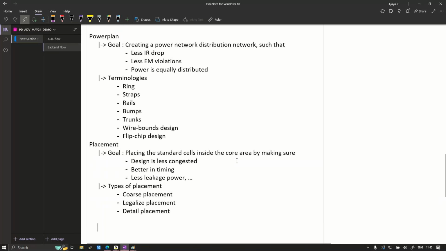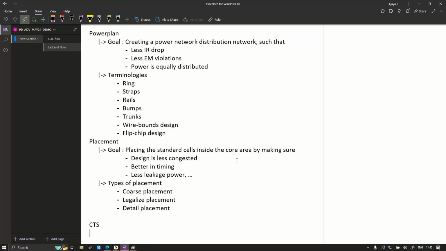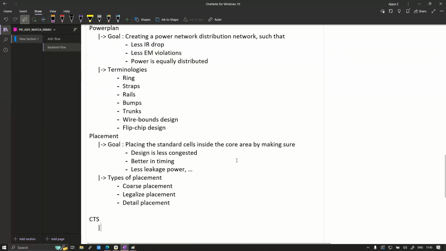Okay, next is the CTS stage, that is clock tree synthesis. Now, for my sequential circuit to be working properly, what is the requirement? For my sequential circuits to be working properly, what is the major requirement?